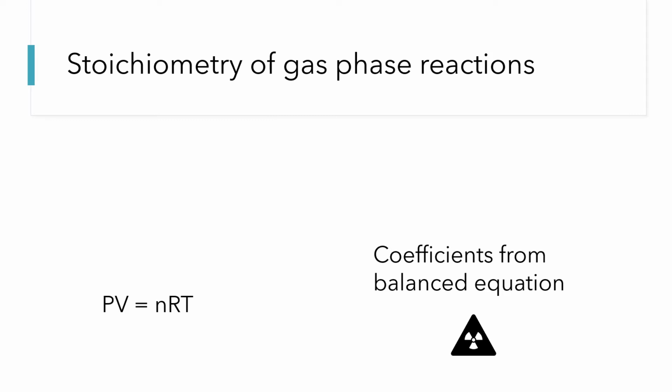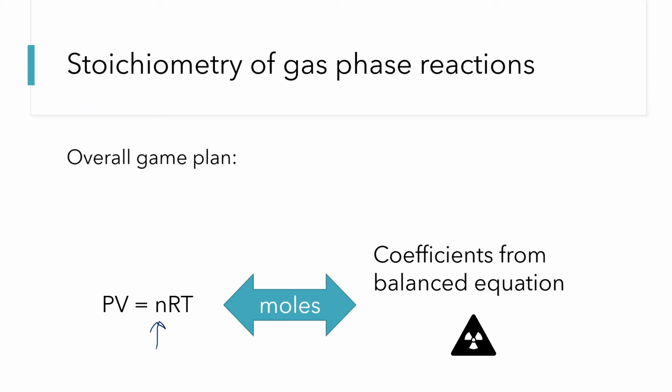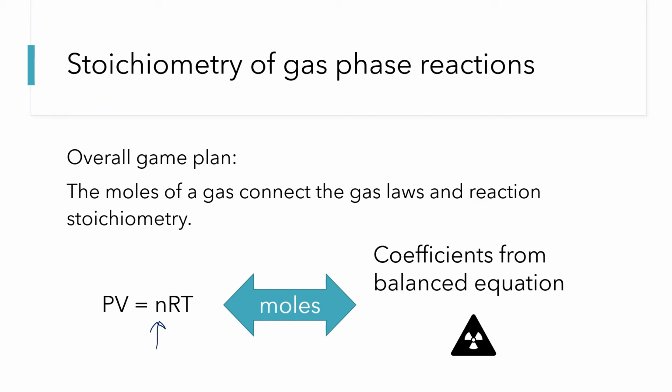And then the other number will come off of the Avogadro's law, and it very well might be the 1 mole quantity. What I'm trying to show is that the connection between these two things is moles. Very often when we do these problems, you're going to be looking at the n from PV equals nRT, and in the stoichiometry part, you may start or end with the amount of a chemical in moles. So here's our overall game plan. It's all about moles. The moles of a gas will connect the gas laws and our reaction stoichiometry calculation.